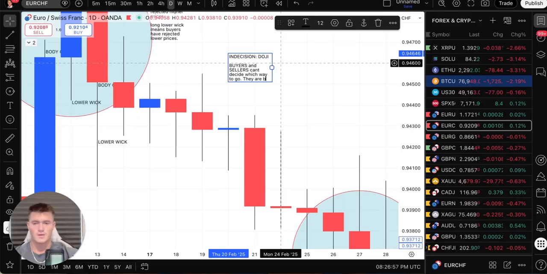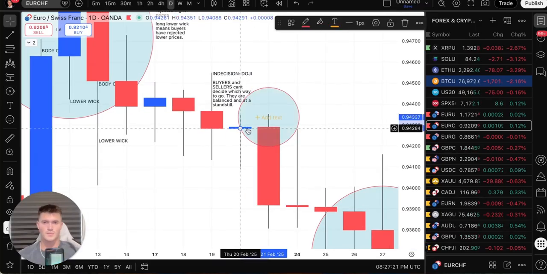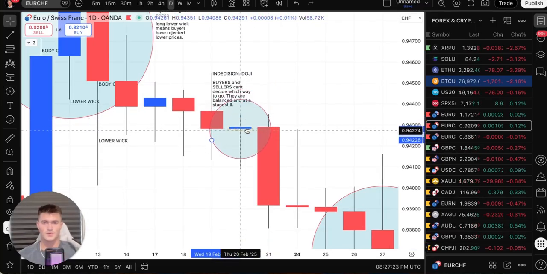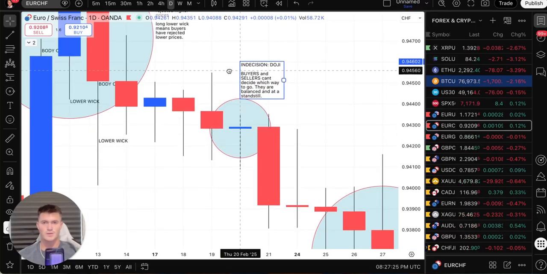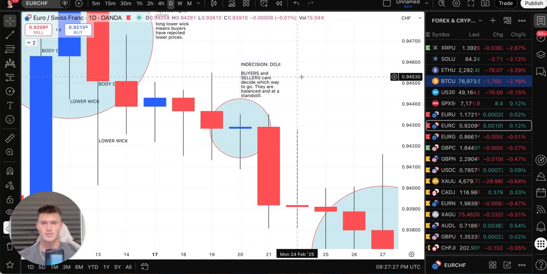They are balanced and at a standstill. Circle this little doji right here. Indecision, which is called indecision in the market. It's called a doji, and it's where buyers and sellers can't decide which way to go. So they are balanced and at a standstill.